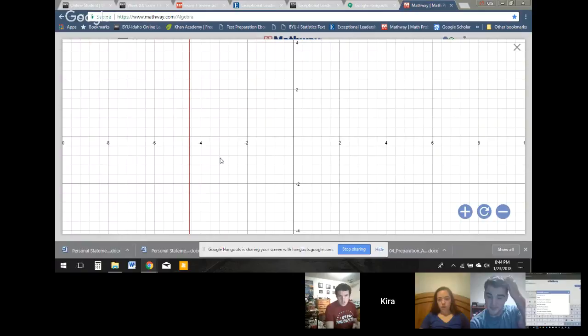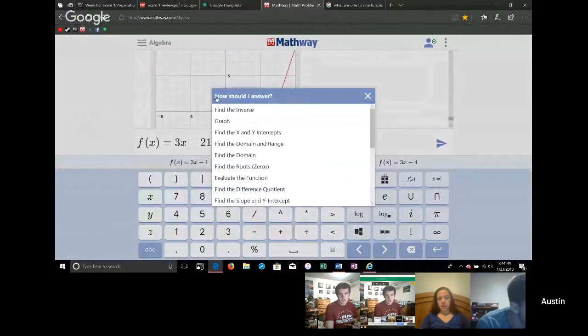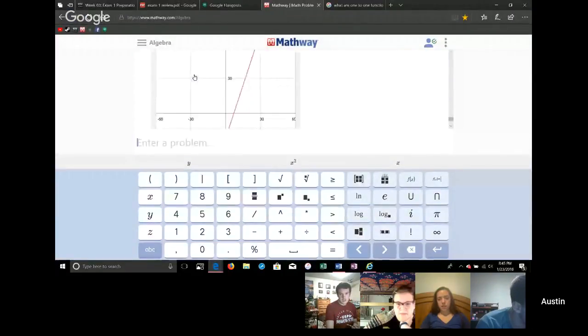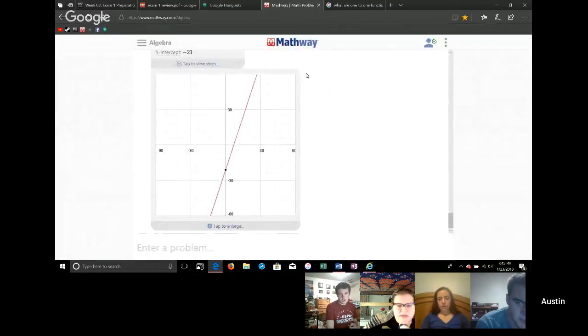So here's what I see. f of x equals 3x minus 21. And then graphing it, it's going to look like this in a graph. Okay, so the inverse looks something like this. Right, and then we're finding the inverse. Are we finding the inverse domain and range, or the domain and range of the original function?